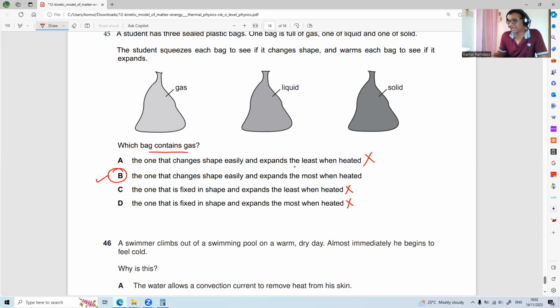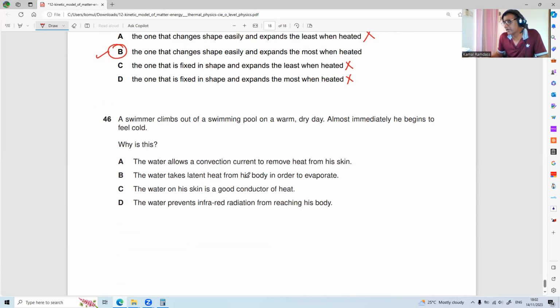That bag contains gas. A swimmer climbs out of a swimming pool on a warm day. Almost immediately, he begins to feel cold. Why is this? Let's check what can happen. The water on the skin will evaporate. When it evaporates, it will take energy from the body.